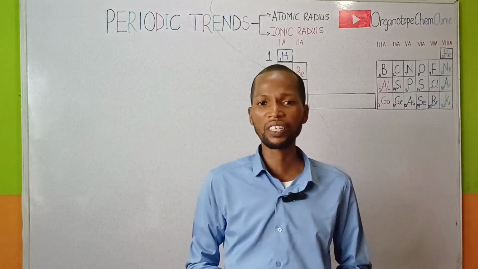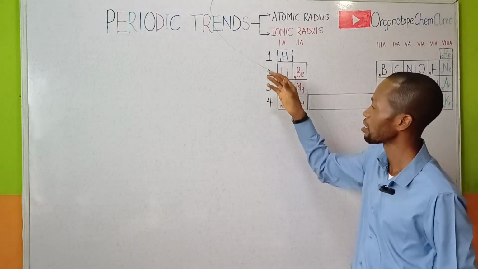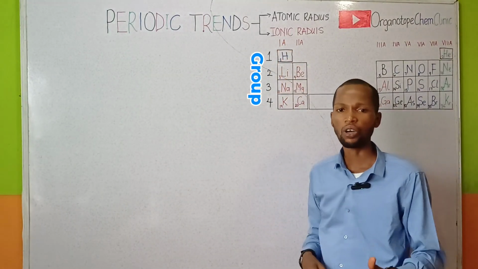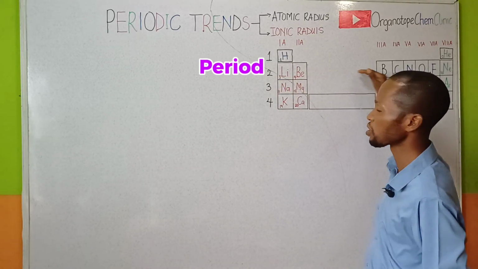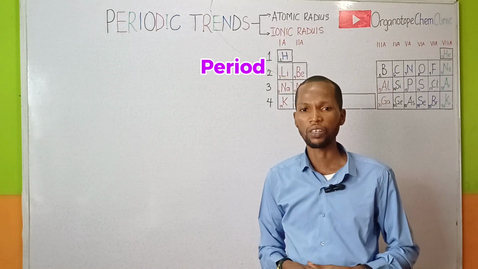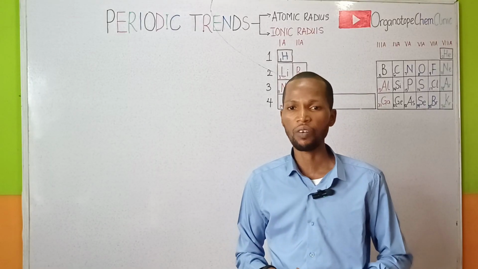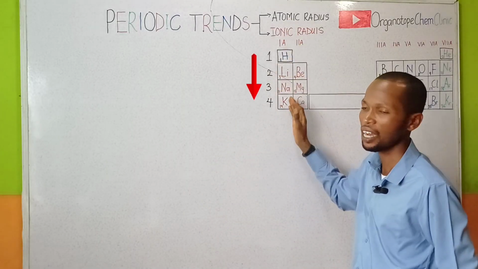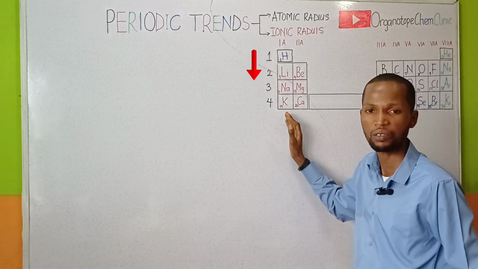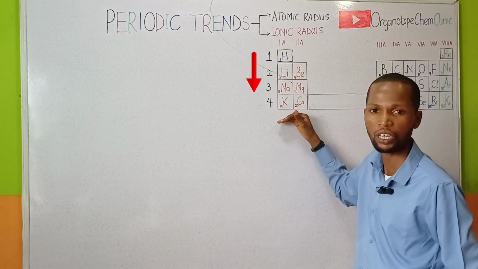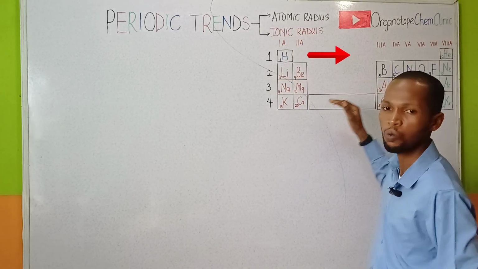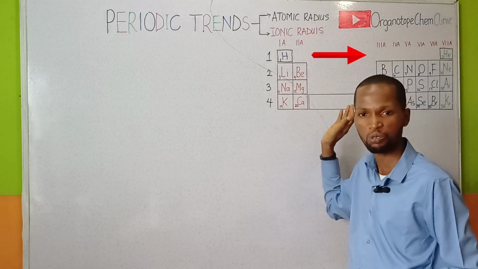Recall that in the periodic table of elements, the vertical column is called the group and the horizontal row is called the period. We are going to be considering these two directions on the periodic table of elements. The vertical column, which is the group from top to bottom, and the horizontal row, which is the period from left to right.